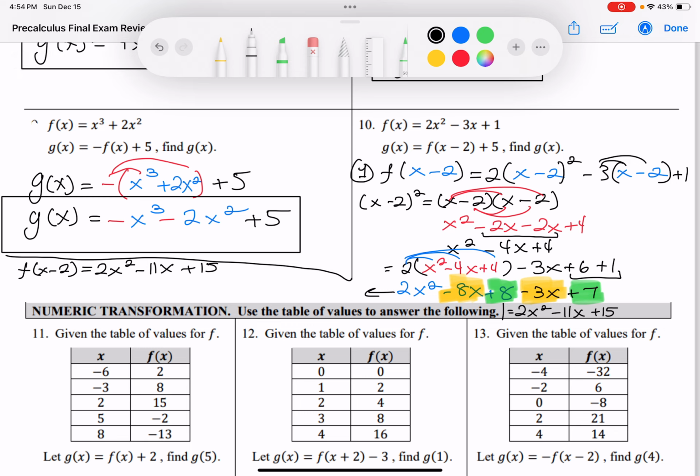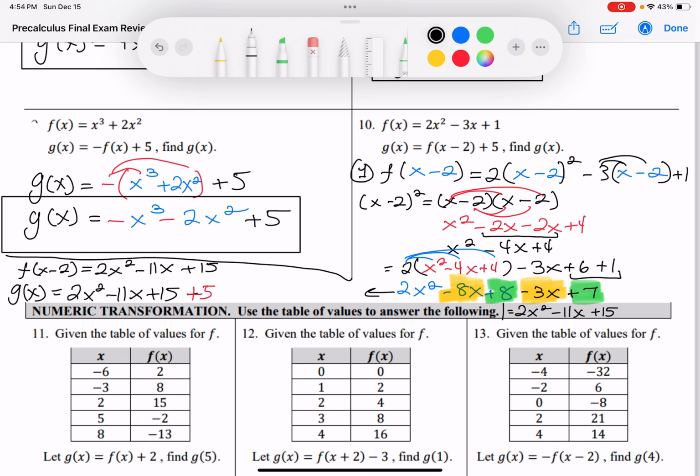So now to find g of x. That is f of x minus 2, which I just found. So that's going to be 2x squared minus 11x plus 15. And then don't forget, there is a plus 5 there. On the outside, there's a plus 5.